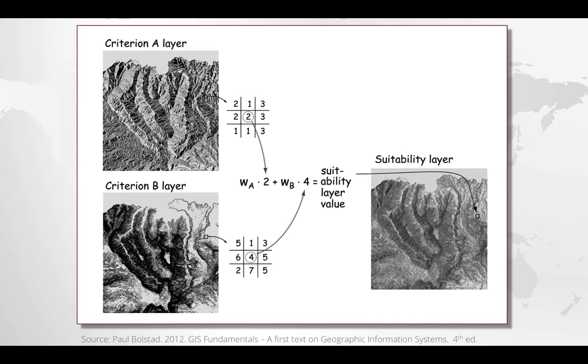For example, criterion A layer gets multiplied by that 0.148, I believe, weighting from the previous slide, where criterion B gets multiplied by its weighting, and you put all of those together and you finally get a suitability number for each cell in that raster grid. And it gives you appropriate weight to each of the layers in respect to their relative importance.